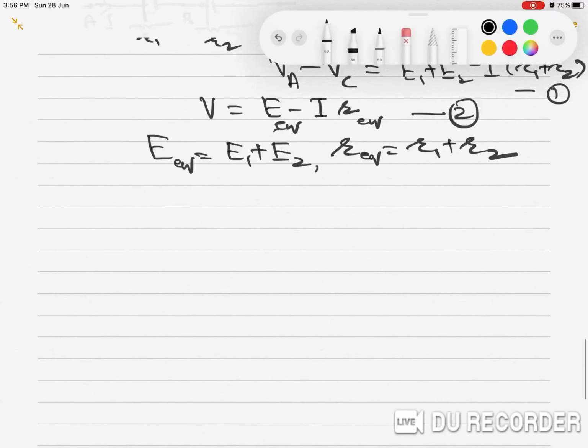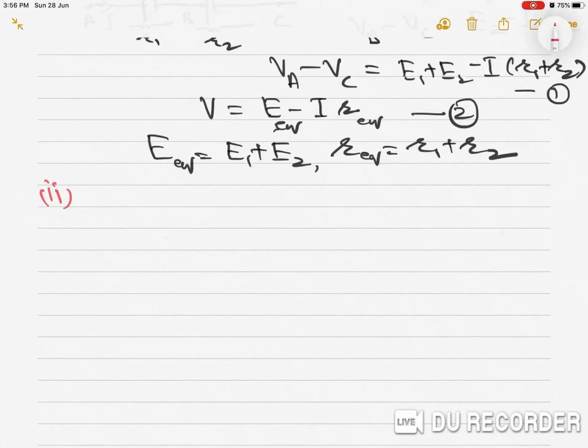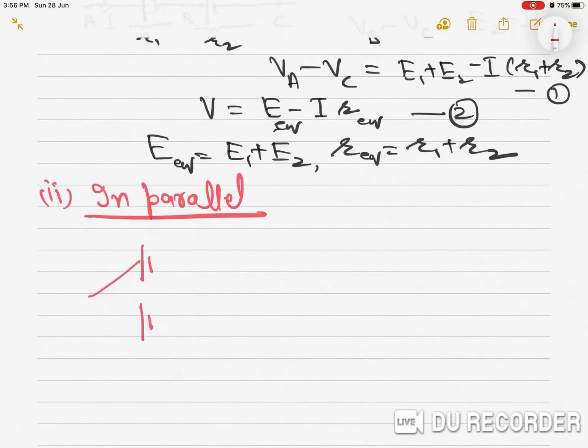Now, second, in parallel. Let two cells be in parallel. Let I1 be the current in this and I2 the current in this.